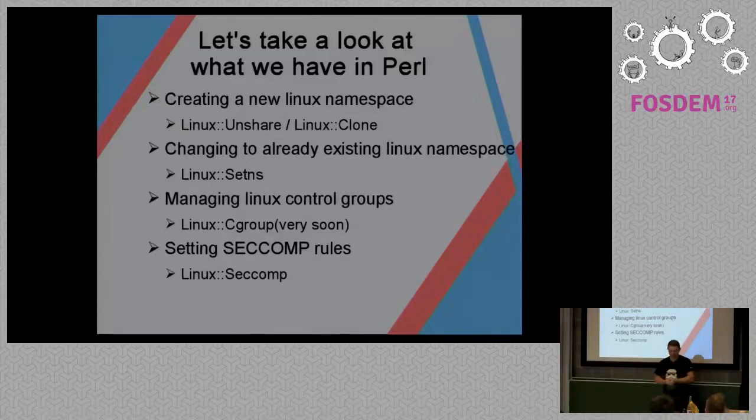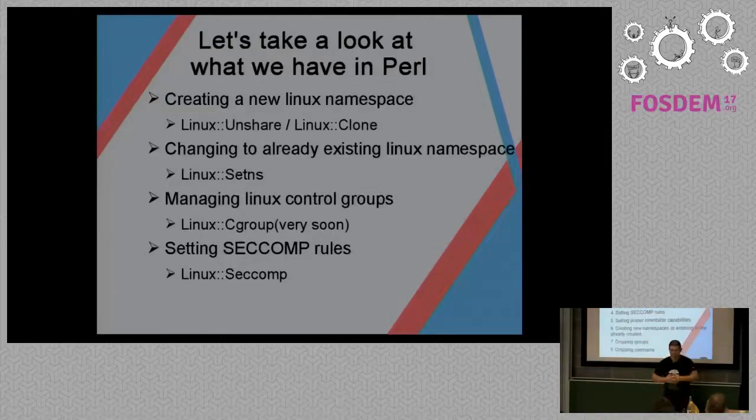If you want to create a control group, you would use Linux cgroup. Currently, you would probably create the directory, initialize the control group, and a lot of other stuff in order to actually use that cgroup. For seccomp rules, you can use the Linux seccomp module, so we have this inside Perl right now.